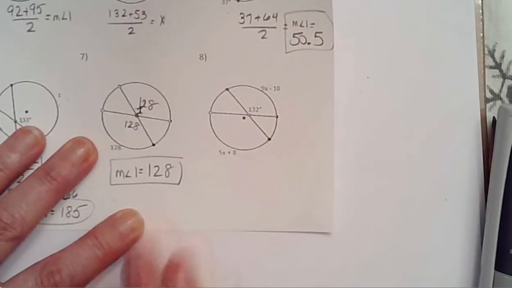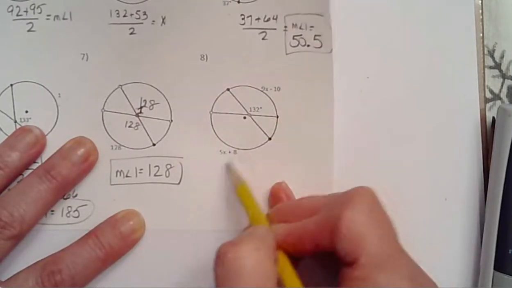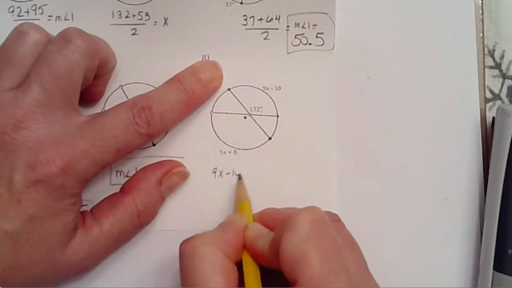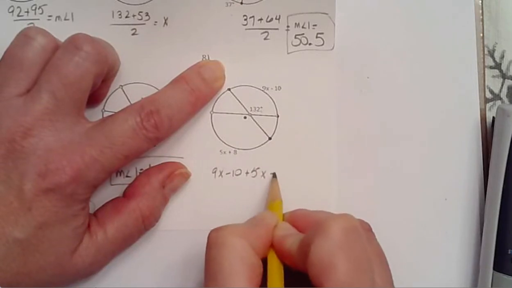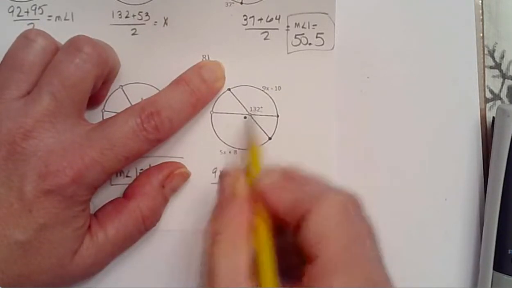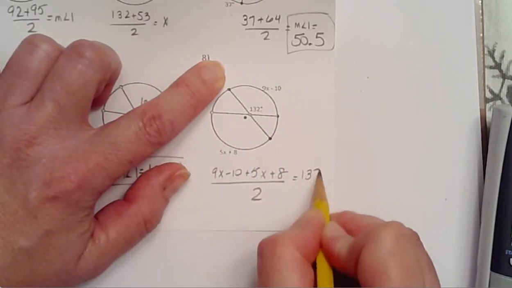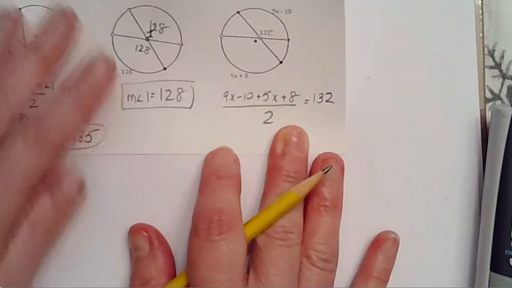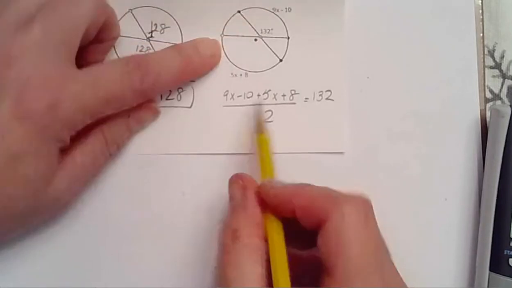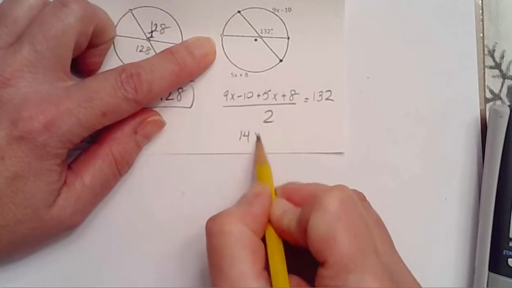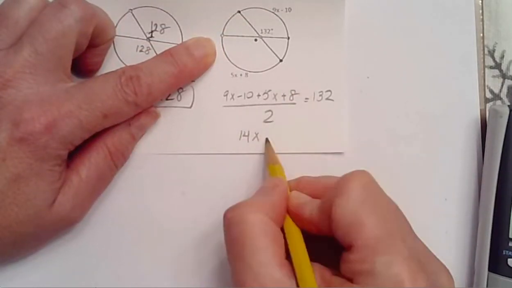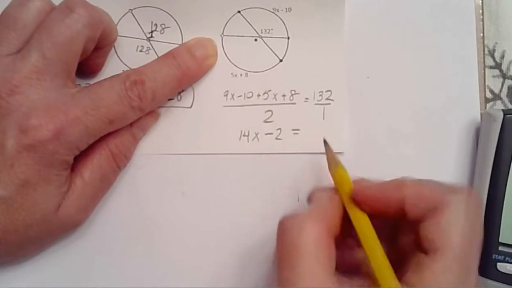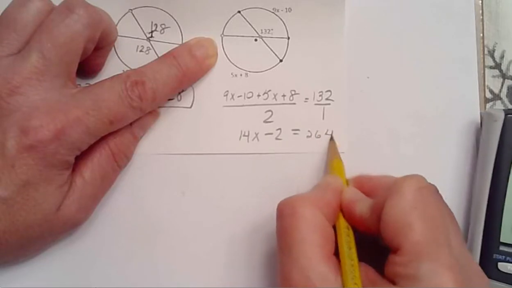All right, so let's take a look. Arc plus arc divided by 2 is equal to 132. So I have my 9x minus 10 plus 5x plus 8 divided by 2. This plus this divided by 2 is equal to 132. I'm going to slide this up because I'm probably going to be going off my paper, and that's okay. 14x minus 2, multiply, is equal to 132 times 2, so that's 264.